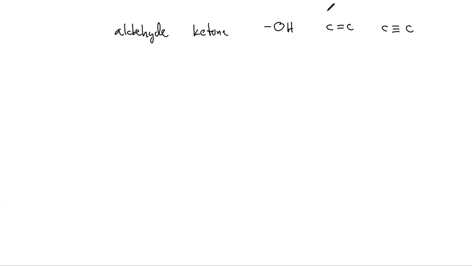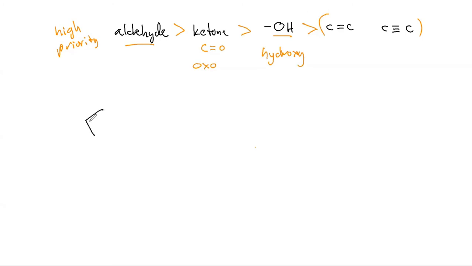If we do have these mixes of functional groups, the aldehyde takes priority over the ketone, which takes priority over the alcohol, which in turn takes priority over the alkenes and the alkynes. And we would name then the ketone or the OH group as a substituent. We'd say oxo for a carbonyl, and we'd say hydroxy for an alcohol group.